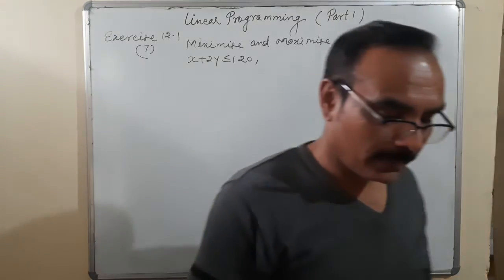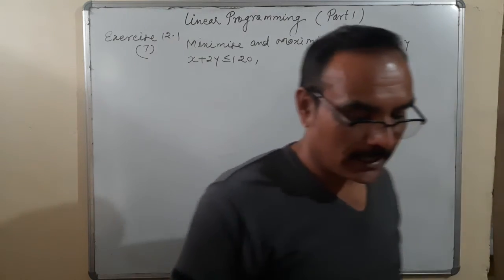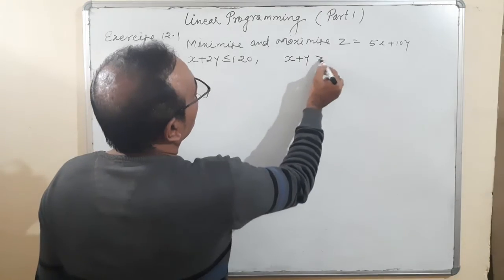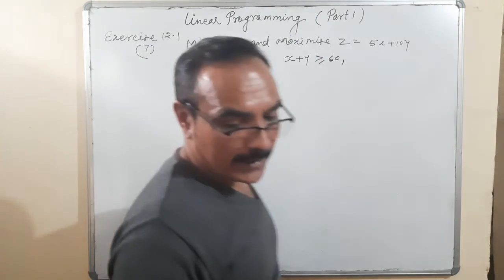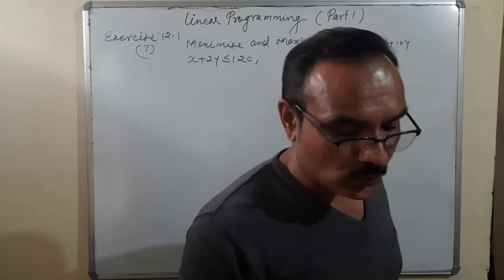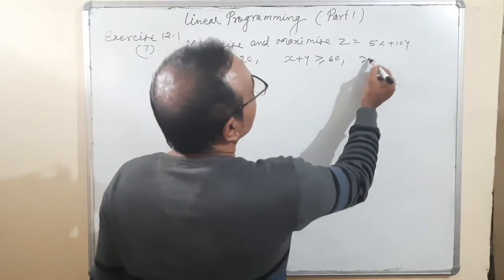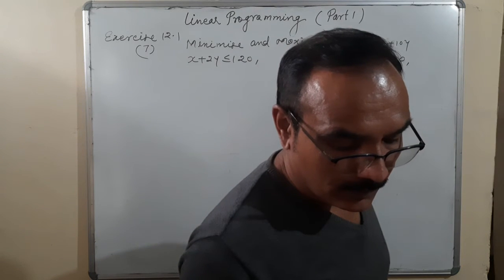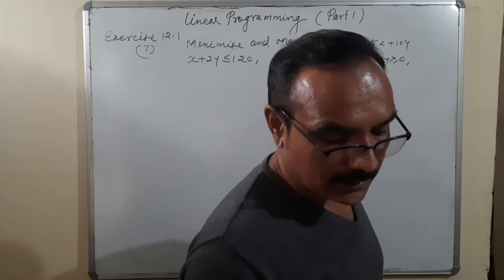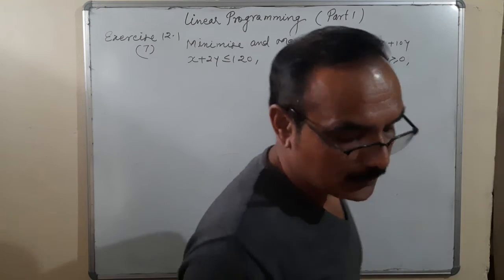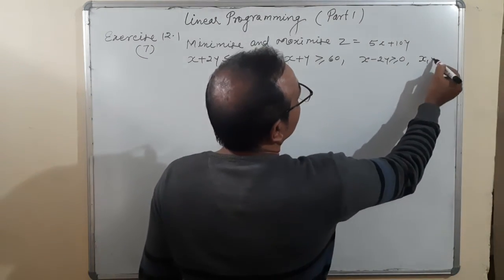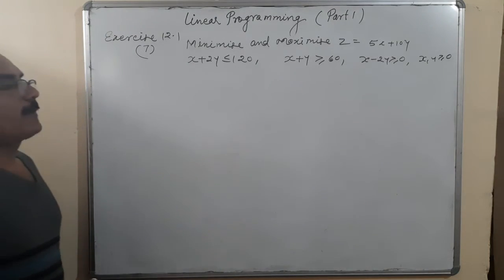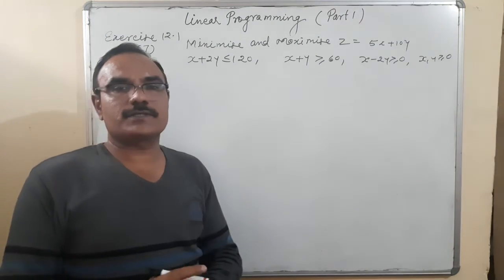Next one, x plus y is greater or equal to 60. And after that, x minus 2y is greater or equal to 0. And one more, x, y is greater or equal to 0. Okay.